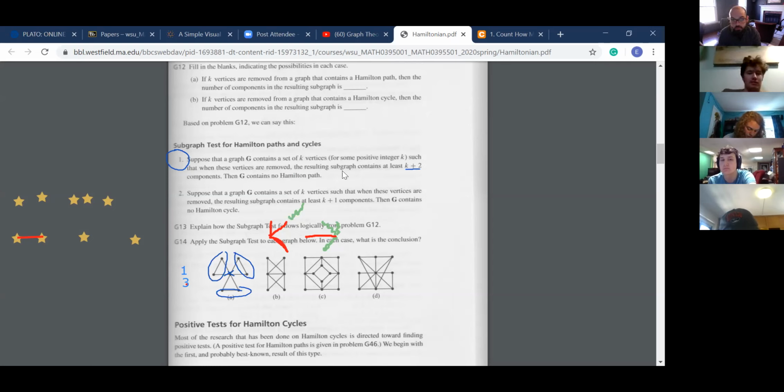Makes sense. So is it best to always take the vertex that has the maximum degree? Like for instance, the center one had the max degree. No, I think you could come up with a counterexample to that.